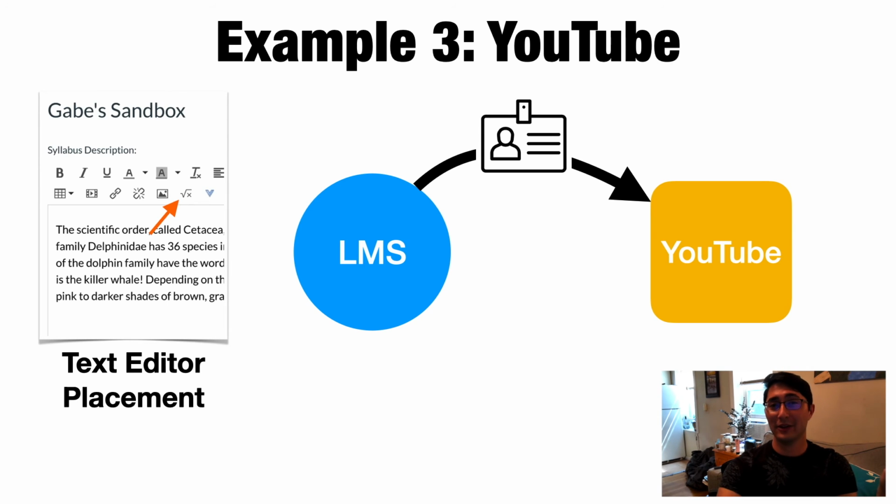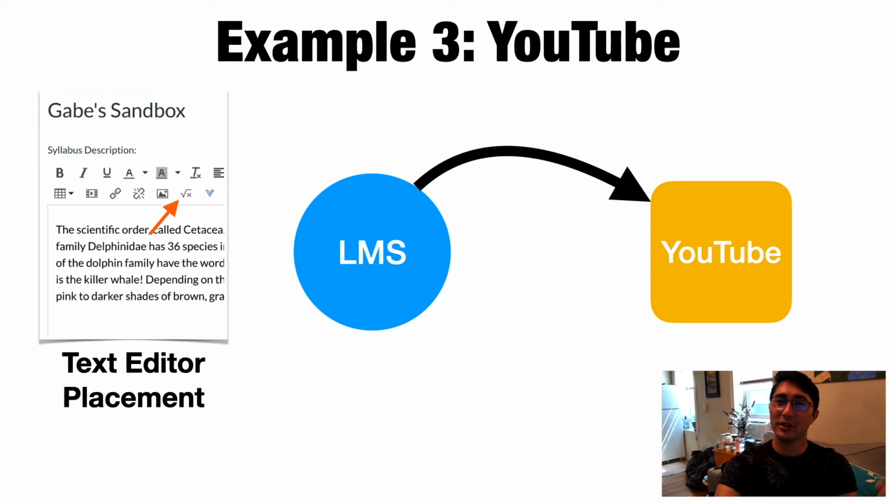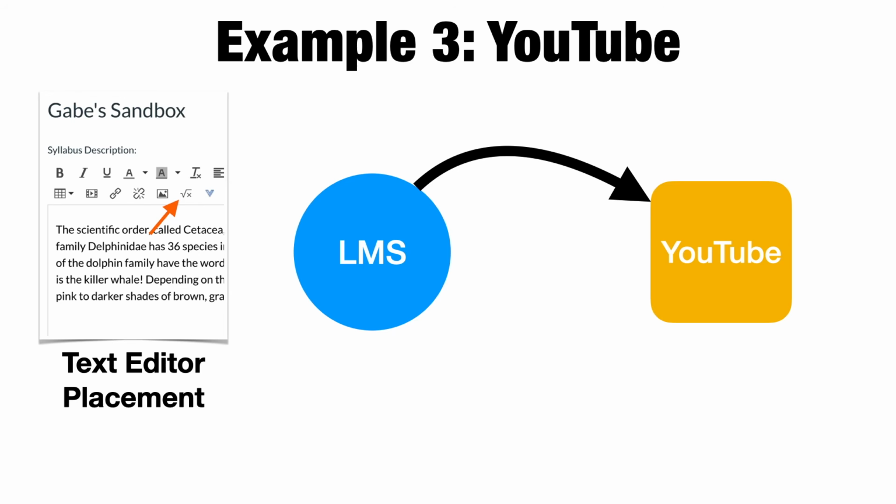When that LTI launch occurs, you're taken into YouTube, but honestly, since the video is public, there's really no extra information that we needed from the LTI launch. So we're going to just probably ignore that. There's also nothing that YouTube's going to send back to the LMS, no grades, no comments, so that part's not relevant as well. So this is the whole picture for the YouTube app.